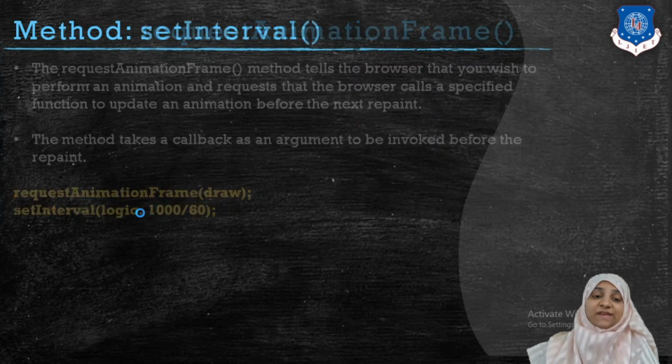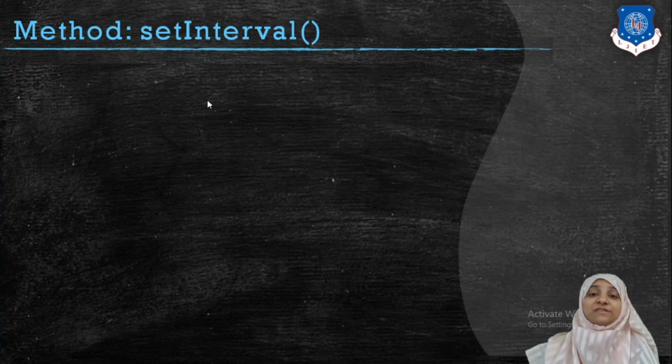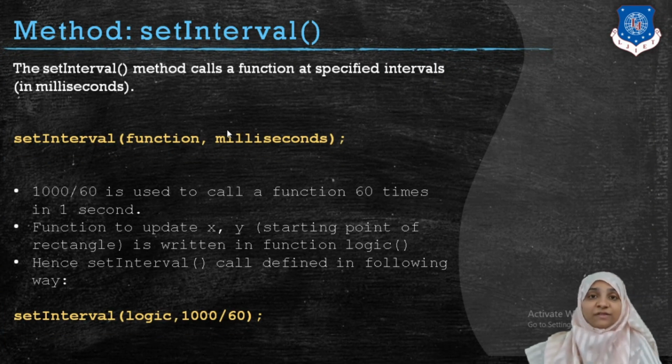And the second method that we are going to discuss is setInterval. The setInterval method is used to call a specific function or method after some period of time, repeatedly. So here the setInterval method takes the name of the function that you wish to call, and how many milliseconds or what frequency you would like to call this function again and again.